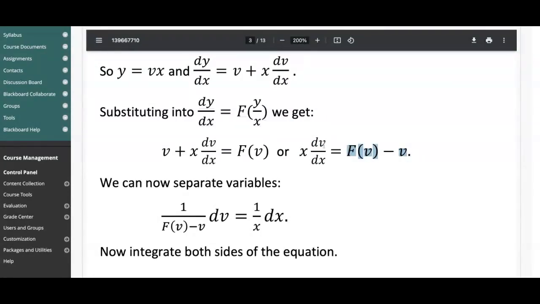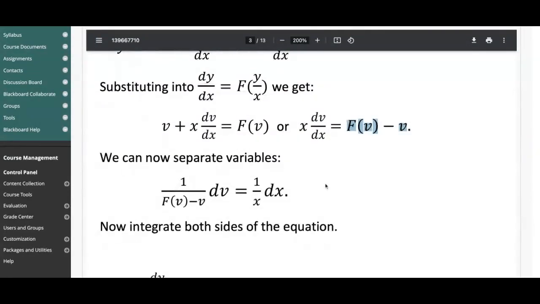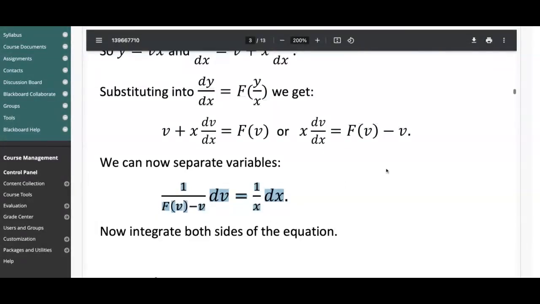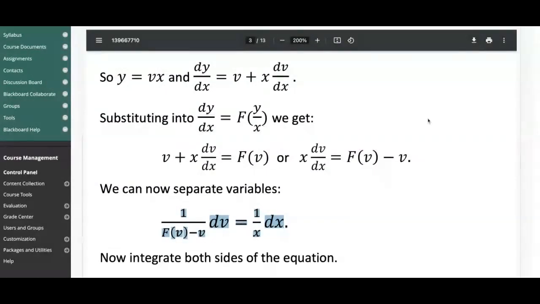We can separate them as 1 over F of v minus v dv and 1 over x dx. And we know how to deal with the rest, right? So the key part is to make a homogeneous equation a separable equation.